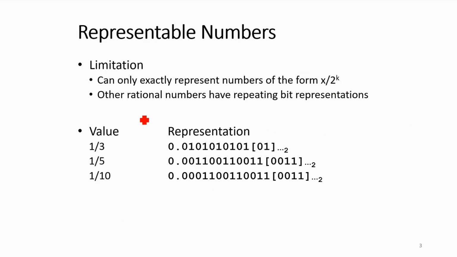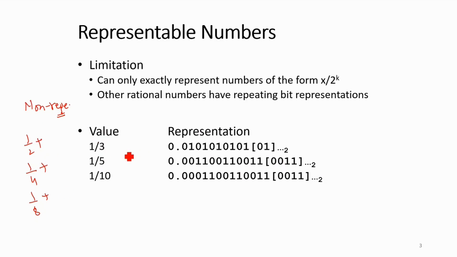And other rational numbers have repeating bit representations. If a fractional value is made up of 1 by 2, 1 by 4 or 1 by 8, then it can have a non-repeating representation. But any value other than that will have a repeating value.